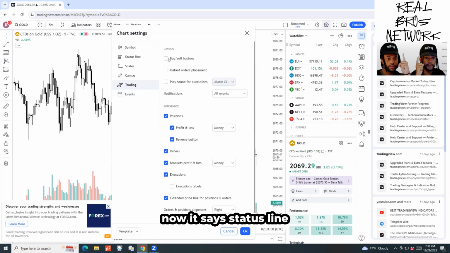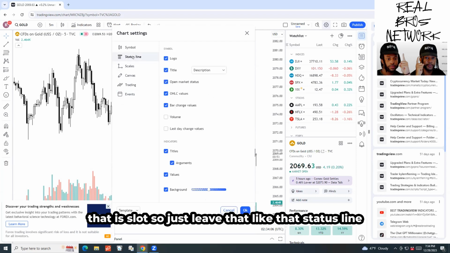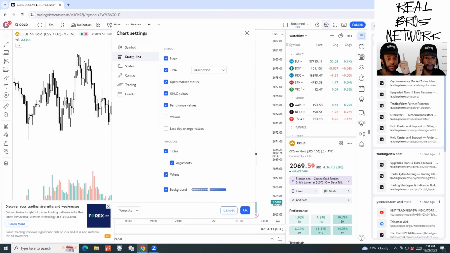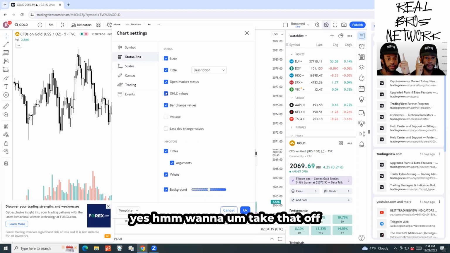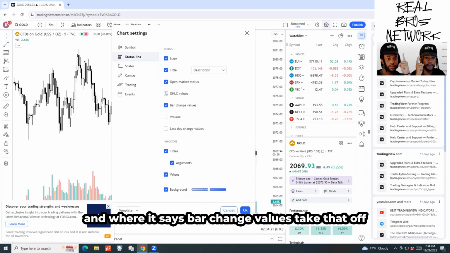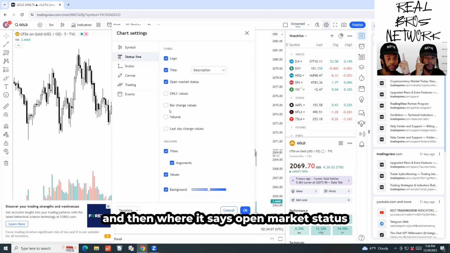Now where it says Status line, just leave that like that. Where it says OHLC values, you want to take that off. Where it says bar change values, take that off. And where it says open market status, you can take that off.